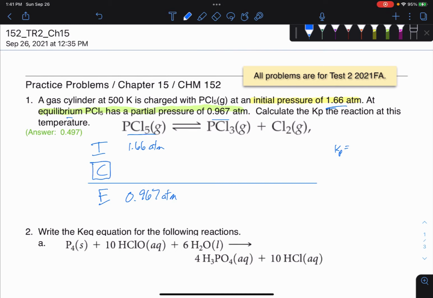Well, it's whatever difference it takes to get from the 1.66 down to the 0.967 value. And if you subtract the two, you find that difference is 0.693 atmosphere. So that establishes the value for the change line for all of the compounds in the equation.